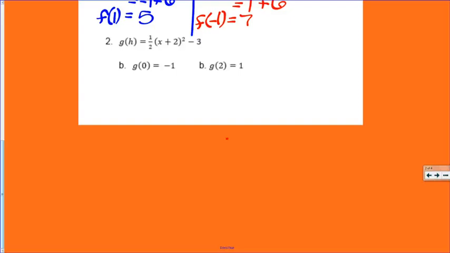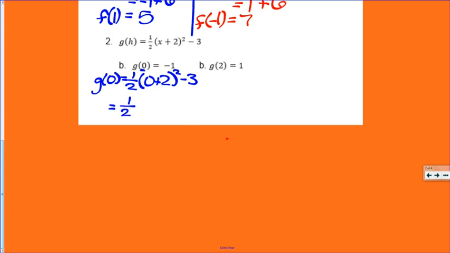Okay, number 2. So it's a bit of a complicated formula, but as long as you follow your order of operations, you're going to be fine. So g of 0 means we're going to put 0 in for x. So 1/2 times 0 plus 2 squared minus 3.